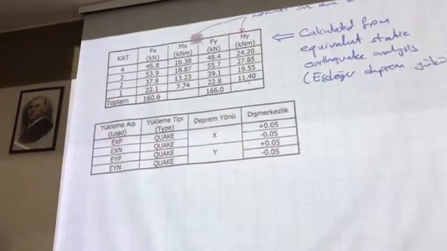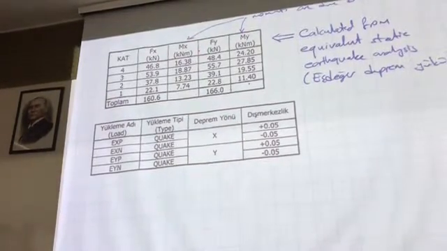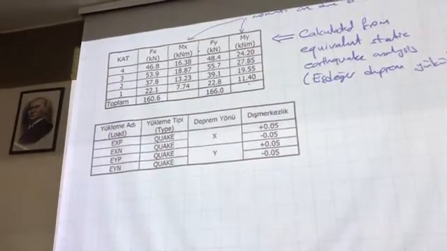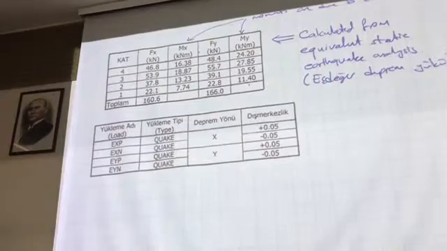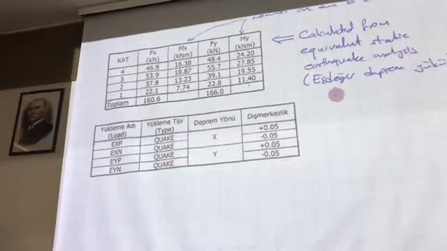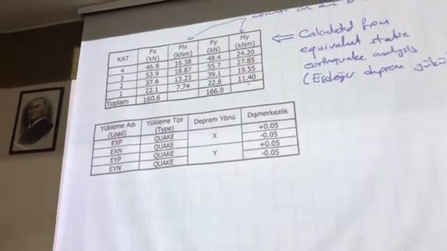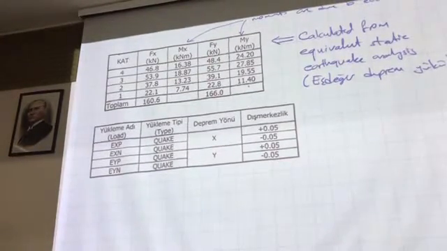These loads, Fx, Fy, in x direction and in y direction. And they are calculated using the period of the structure and soil site and location of the building.